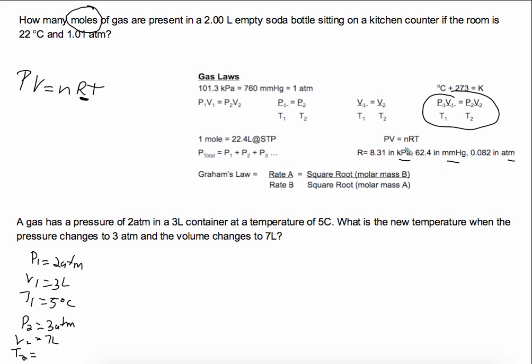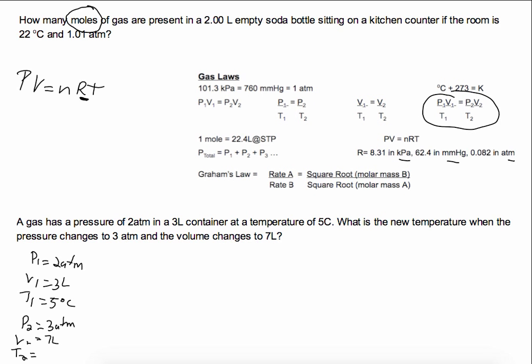The 3 units of pressure that you will possibly encounter in this chemistry course are kilopascals, millimeters of mercury, or atmospheres. So when you're trying to do a gas law problem, you have to match the R in the equation to the correct pressure unit. I'm going to demonstrate that on all the problems that we do today.